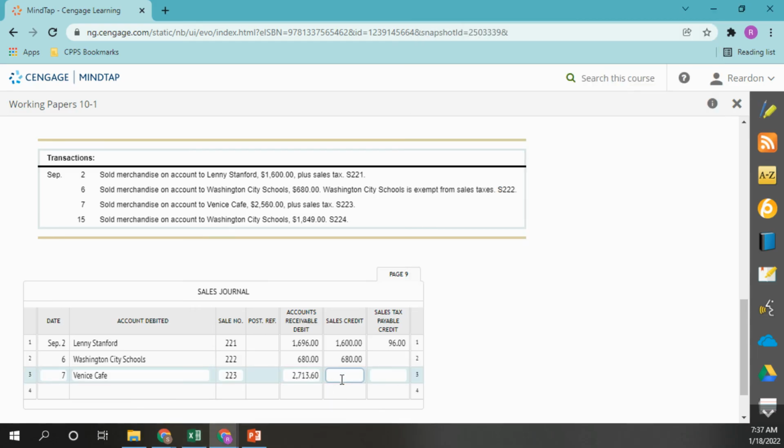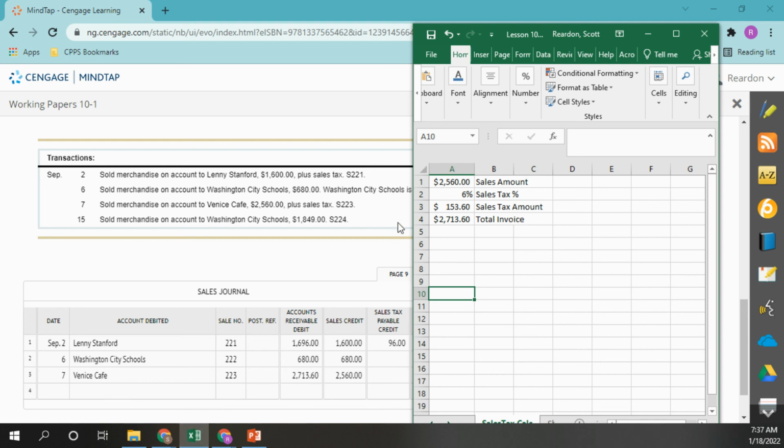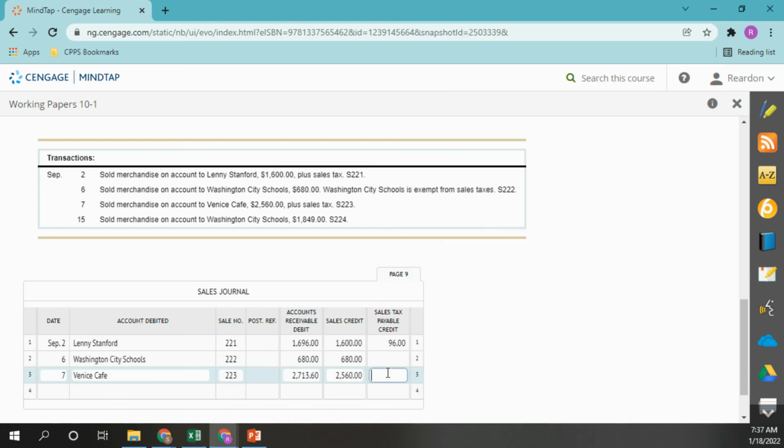Wait a second. Yeah, that's correct. $25.60. Go back to my calculator here. $153.60 was the sales tax payable that we have to pay later to a government entity.